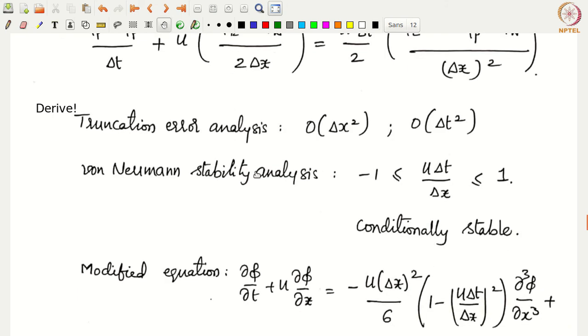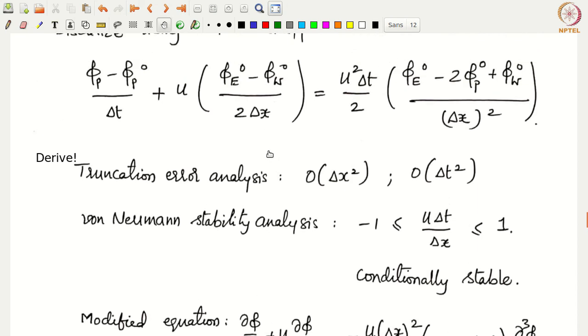So we have changed the method, which originally, you remember, the explicit CDS was unconditionally unstable, right? We have changed it to a conditionally stable method by incorporating this extra second order derivative on the right hand side. That's what the Lax-Wendroff scheme has done.